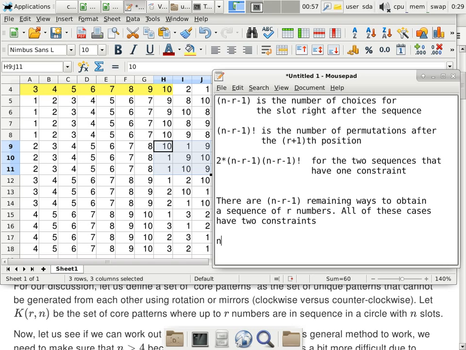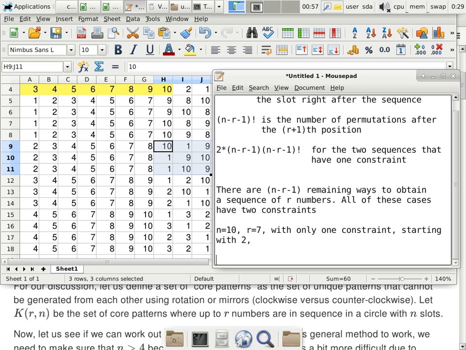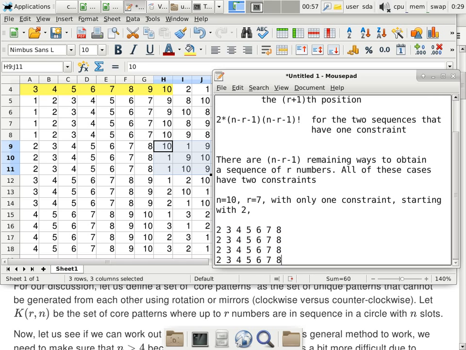So N equals 10, R equals 7, with only 1 constraint. Starting with 2, we have the following assignments: 2, 3, 4, 5, 6, 7, 8. That's the beginning part. So I will copy and paste this 4 times.